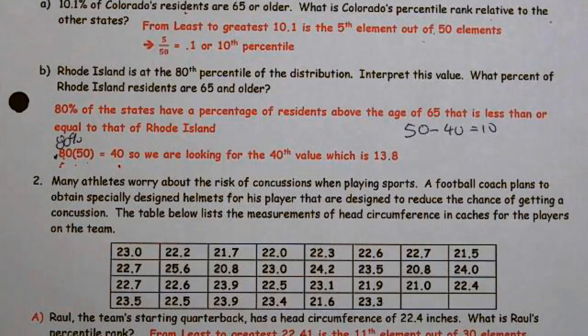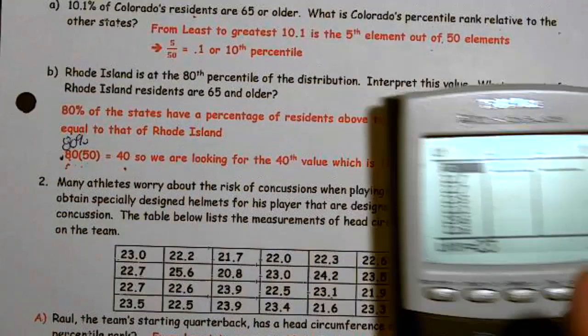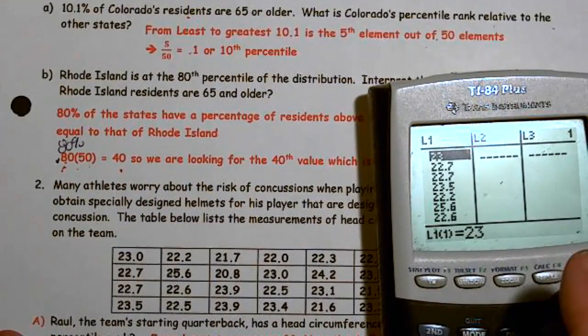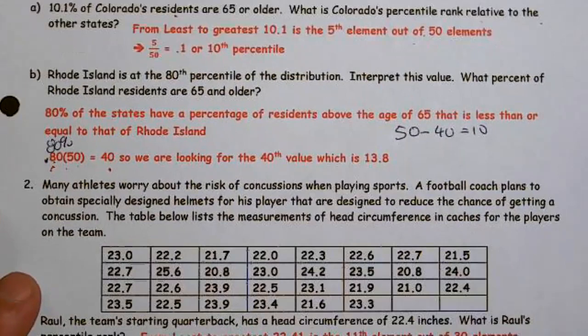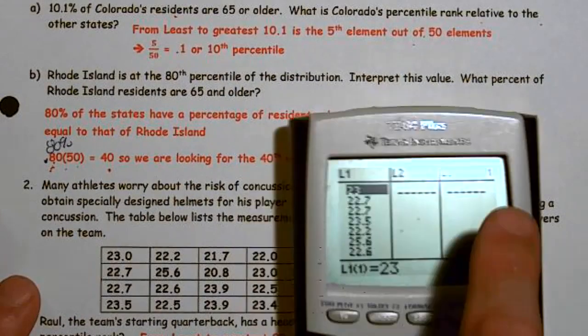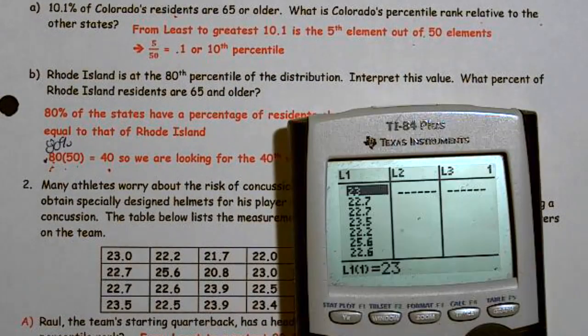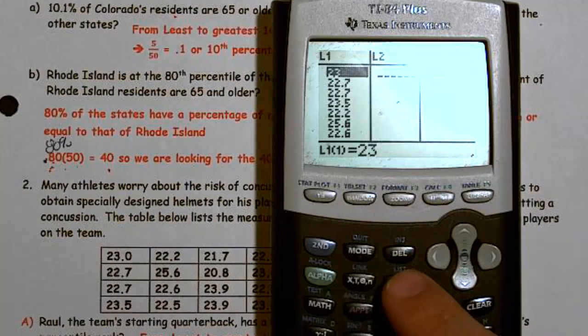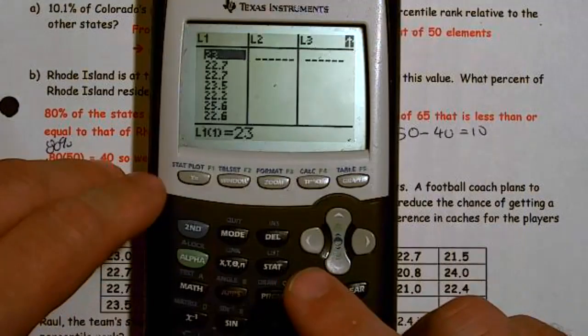All right, so I have mine all in L1, but remember at the very beginning, we said that they need to be in order from smallest to largest, and this clearly is not. Once again, it's one of the good reasons to put it into the calculator. So I have it in the calculator, and I'm going to go second. Excuse me, let's put that over where there's not as much glare.